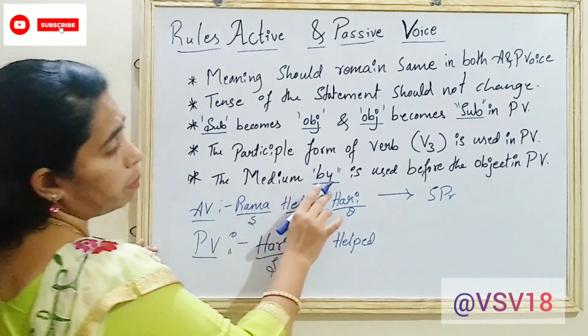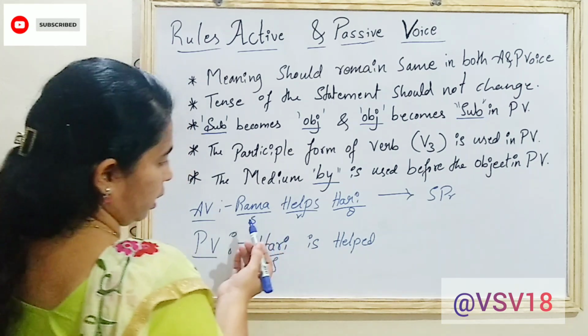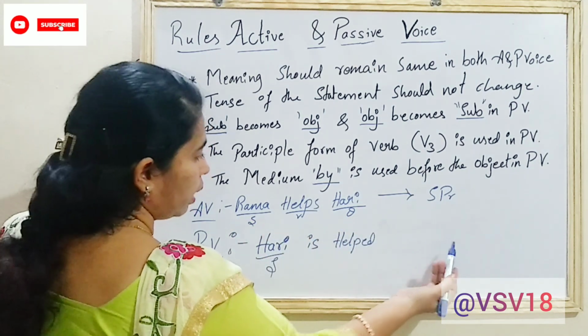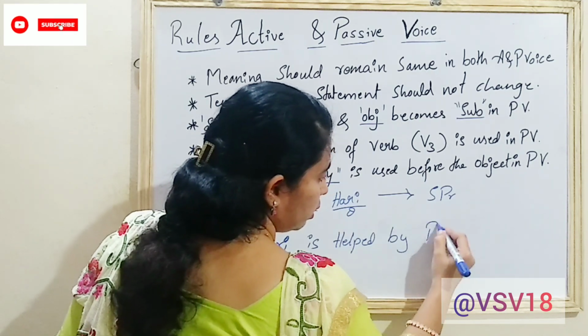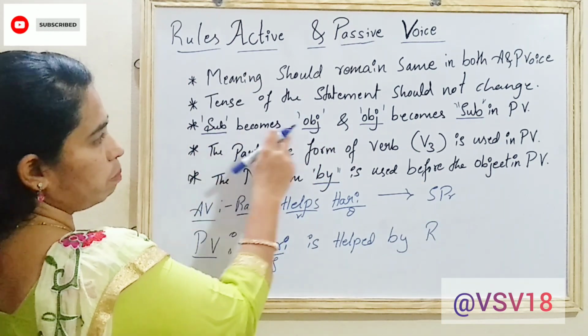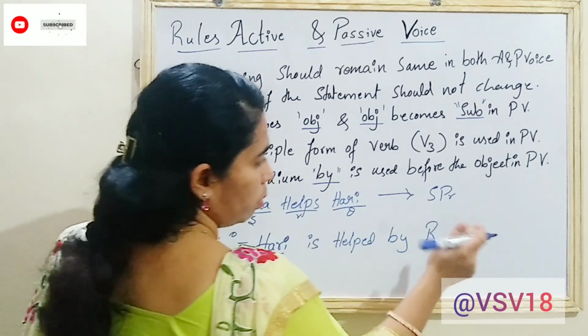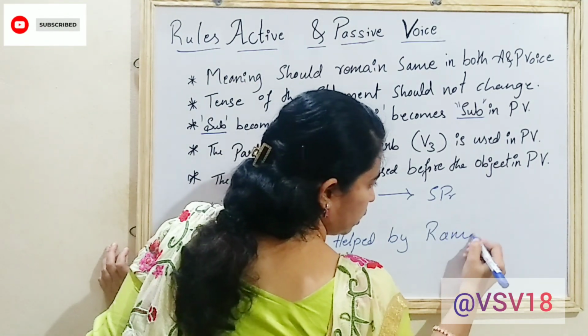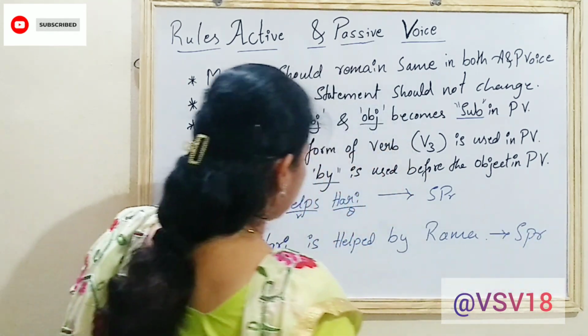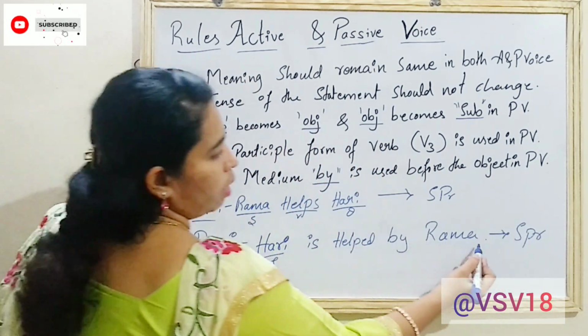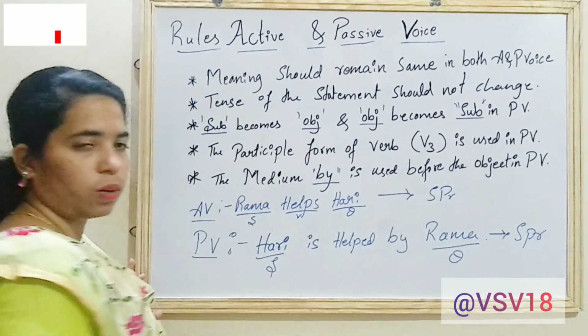The medium by is added before the object. Before placing Rama here, we will add by. The subject will become the object in passive voice. So now it is a simple present statement: subject, object.